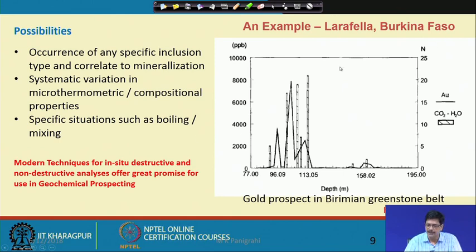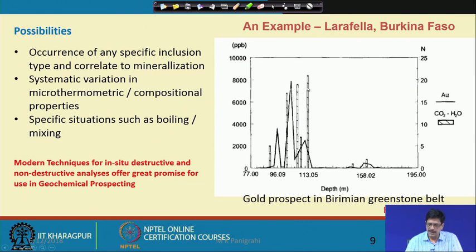There is one example from the Larafella mineral prospect from Burkina Faso in northwestern Africa. This is a very quick and small example. The black curve represents the gold grade in ppb, 2000, 6000, 10,000, and these are the depths at which the drill core has been logged in terms of the gold grade.